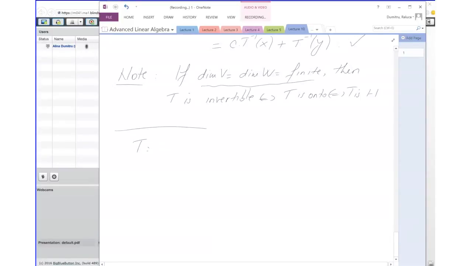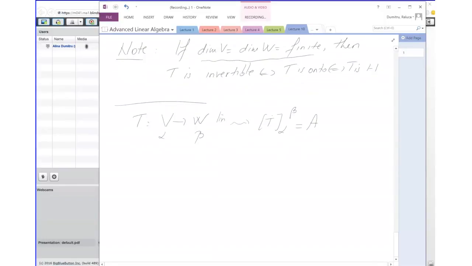Let me be more precise. So I go from V to W. T has a matrix, alpha and beta, right? Let's call that A. And T is linear. Let's just assume that T is invertible as a map.